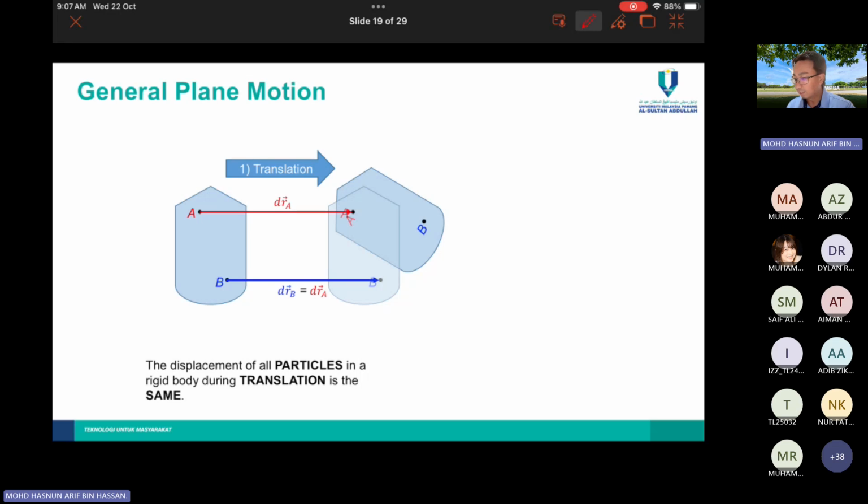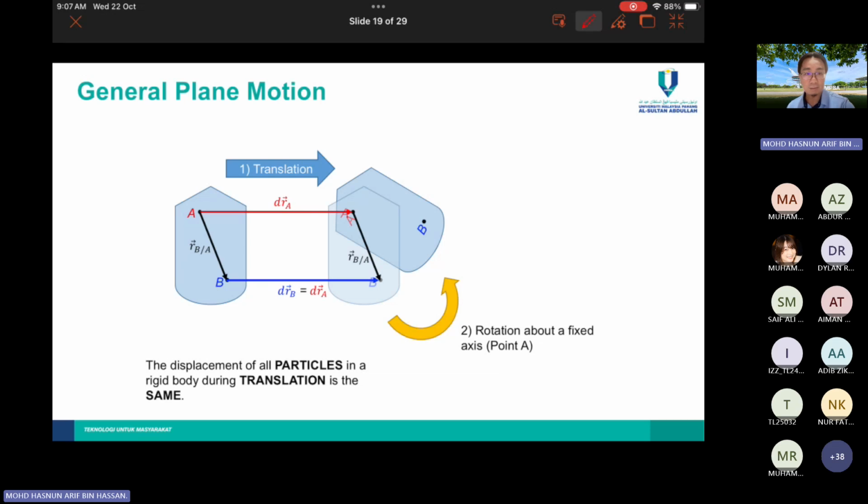Which means that on the top we have dRA, at the bottom we have dRB, which is also equivalent to dRA. So both are dRA in the case of translation. And we also have the position of B with respect to A, RB/A, which is also the same from position 1 until position 2 of the translation motion.